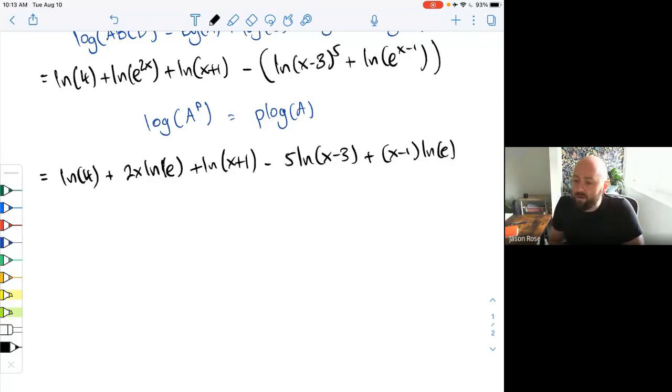Anything else I can do here to simplify this a little further? Anyone know what I can do?